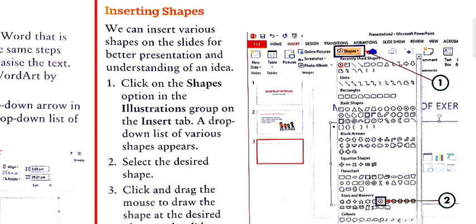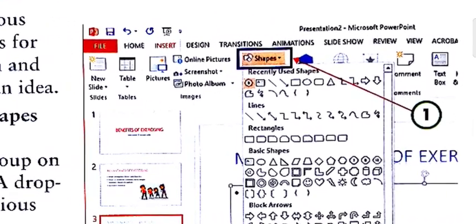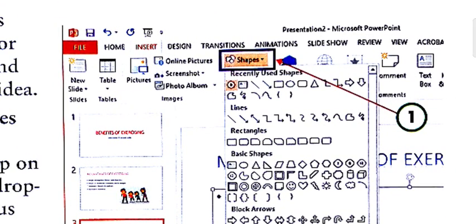First of all, click on the Shapes option from the Illustrations group in the Insert tab. This is the File tab, Home tab, then Insert tab. First you need to click on the Insert tab, then click on the Shapes option from the Illustrations group.